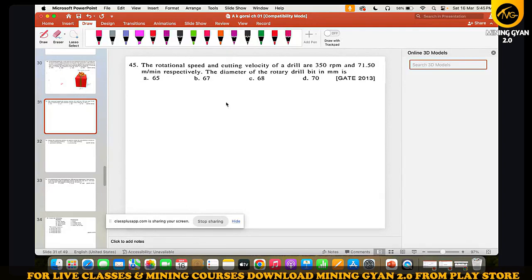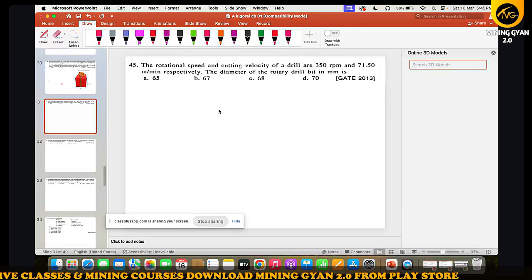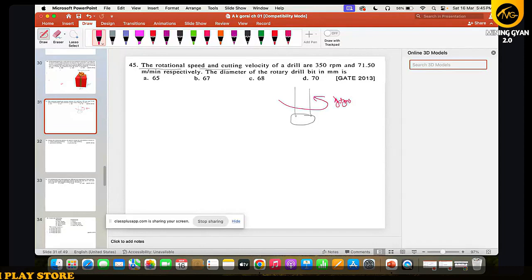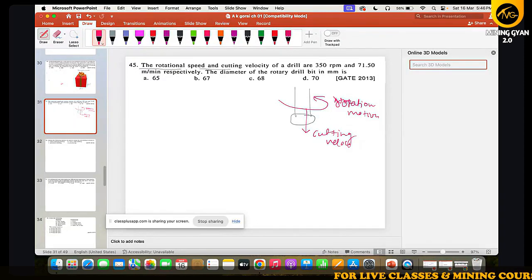Okay, in this question he has given us the rotation speed and cutting velocity. See, what happens is, the drill bit has one rotation motion and one cutting speed, cutting velocity, and this will be the diameter.